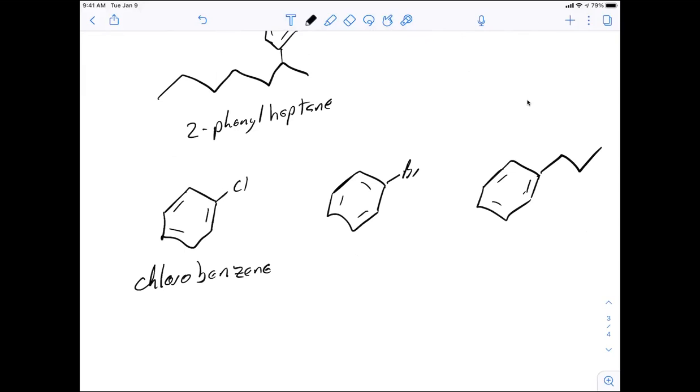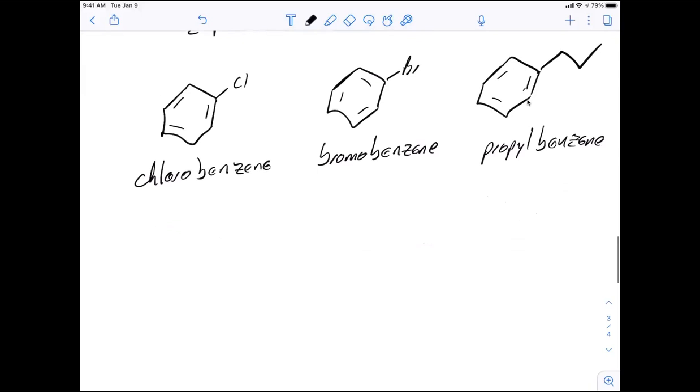No. It's going to be 1, but you don't need to add it because it'll always be 1. So here, this is bromobenzene. So for the mono-substituted ones that don't have a parent name, you just use benzene as your parent name and add, so propylbenzene. Questions about these? And I'll post all of these online after class.